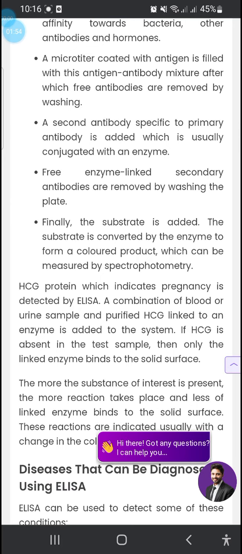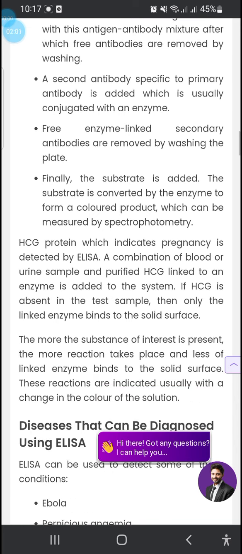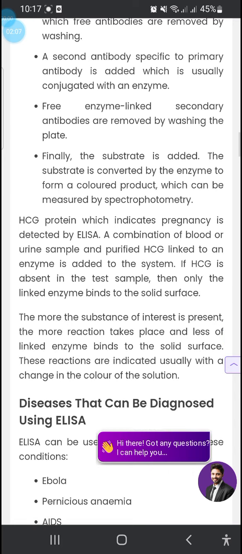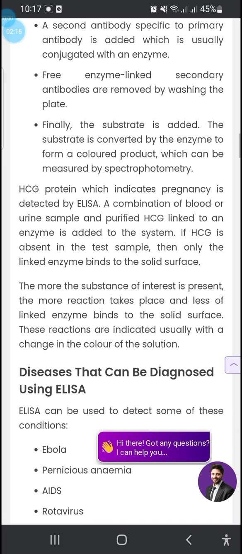HCG protein, which indicates pregnancy, is detected by ELISA. A combination of blood or urine sample and purified HCG linked to an enzyme is added to the system. If HCG is absent in the test sample, then only the linked enzyme binds to the solid surface.